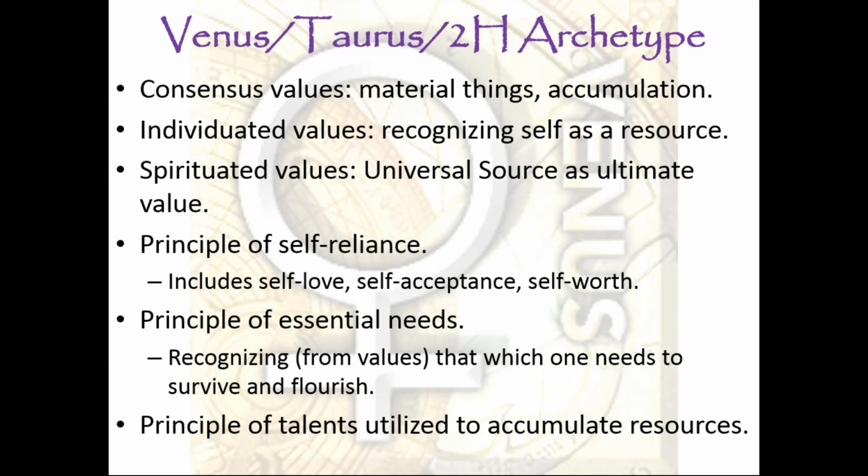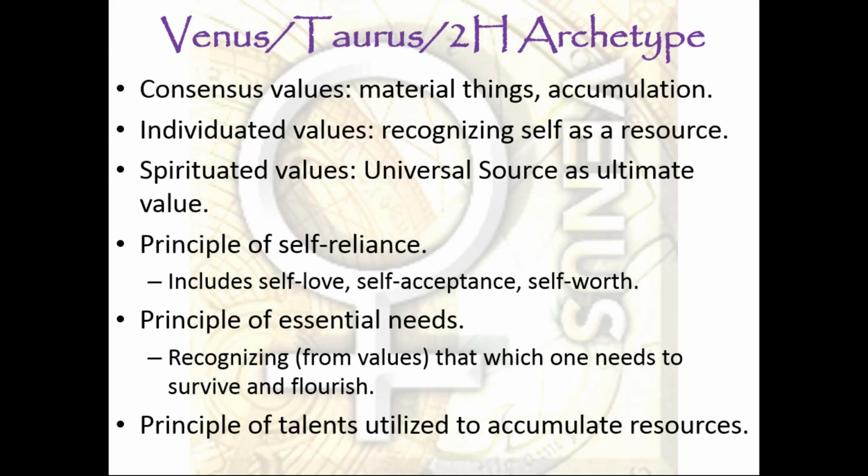And when we have that healthy sense of self, it allows us to go out and survive and flourish easier and easier and easier. It also provides for us a foundation from which to relate to others, as we'll discover as we look at the Libra 7th house archetype, the outer side of Venus.